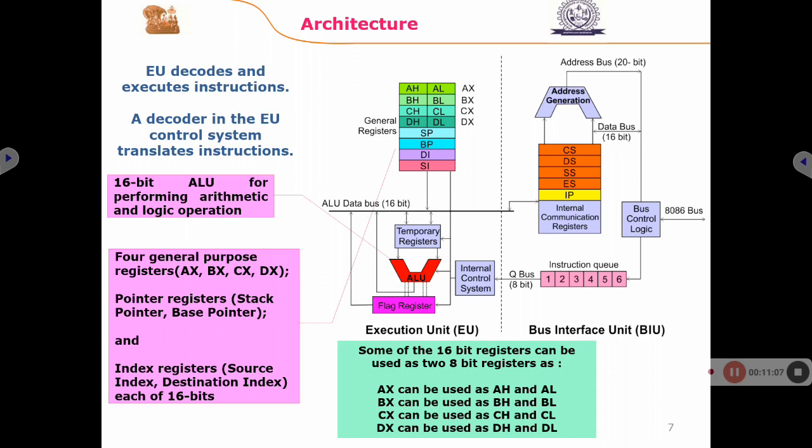So that is the classification of instructions. We can classify the instructions into data transfer, arithmetic and logical instructions, and branching instructions. Branching instructions play a very important role, because by using this architecture we are executing the instructions.